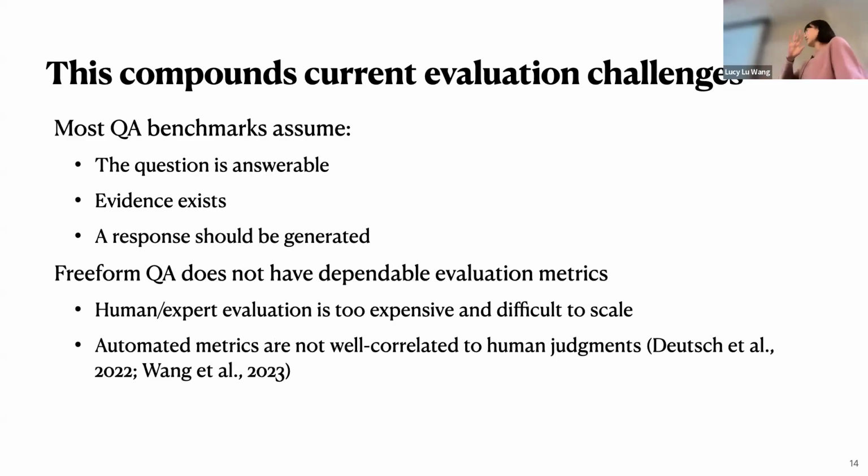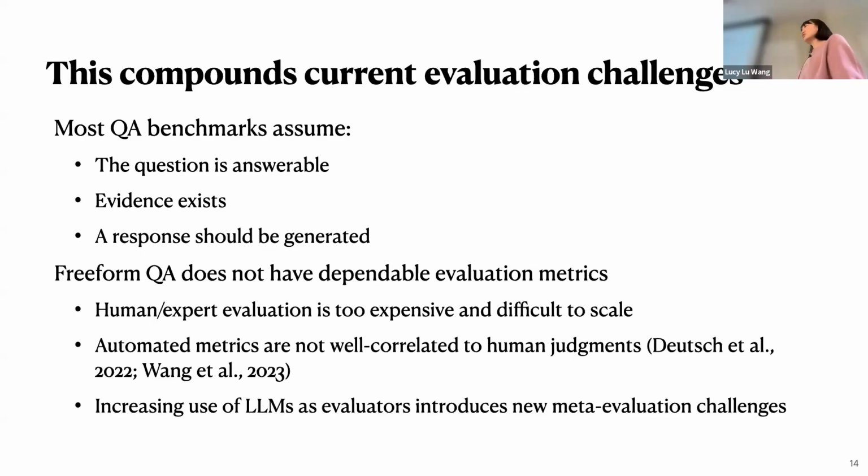On the other end of things, we can compute automated metrics. But many automated metrics that are cheap to compute are also not well correlated with human judgments, and there's plenty of prior work that shows that to be the case. More recently, and maybe in work that you've all interacted with, there's an increasing use of LLM judges as evaluators, also sometimes called auto raters.